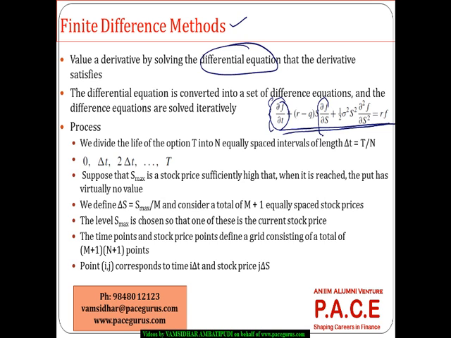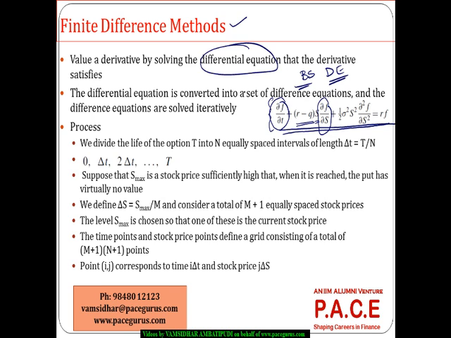the derivative with respect to the price times (r minus q) times S, plus half sigma squared S squared times the second derivative of the price of the derivative with respect to the underlying price. This should be equal to r times f. The proof for this, the Black-Scholes differential equation, we have established in our earlier content.